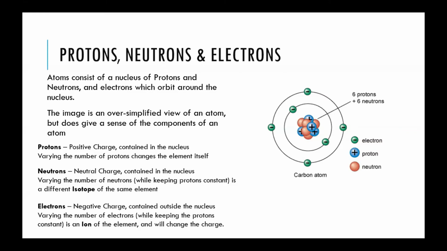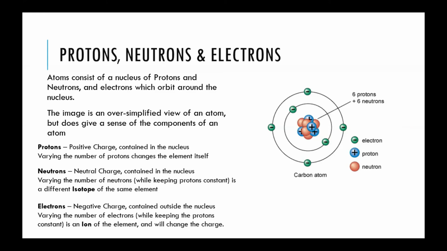In the case of carbon, carbon has 6 protons and usually 6 neutrons as well, but it can also exist with 7 neutrons or even 8 neutrons, all still being carbon, but a little different. These different numbers of neutrons in elements are called isotopes, and these will be touched on a little bit later.